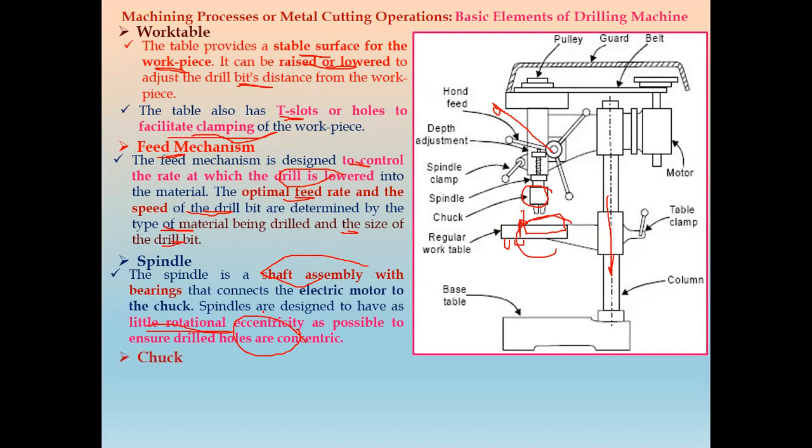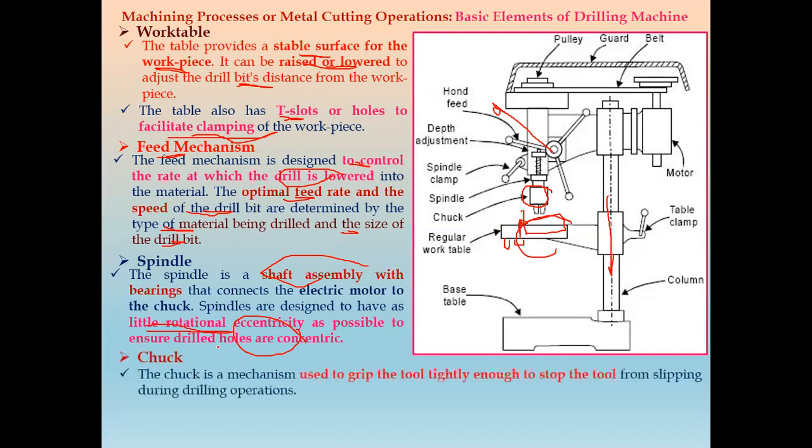Then the next part is the chuck. The chuck is a mechanism used to grip or hold the tool tightly enough to stop the tool from slipping during the drilling process. It is used to grip the drill tool, or other tools than the drill, tightly enough so that it does not slip during the drilling operations.